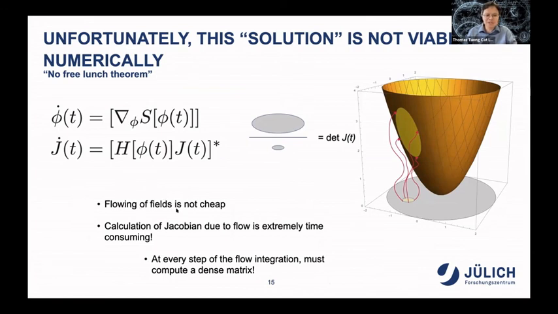And as you get to bigger systems, there will be demands on doing this type of flow. But probably even more severe, well, definitely even more severe, is the calculation of the induced Jacobian in this case, and trying to determine this Jacobian directly from the flow equations is an extremely time-consuming problem.